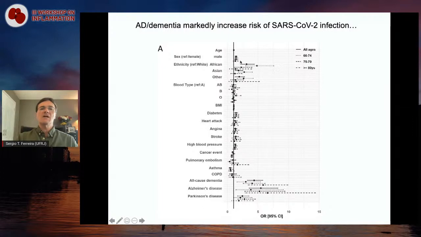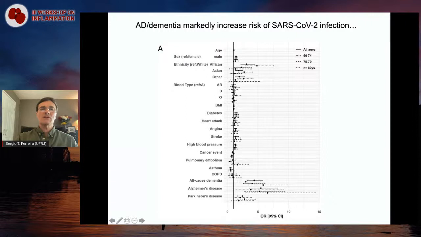So African ethnicity confers some risk, but interestingly, that risk is higher for younger individuals, like between 66 and 74 years of age. But if we consider the oldest individuals in the cohort, those above 80 years old, one finds that actually African ethnicity confers a very small increase in risk to COVID-19.